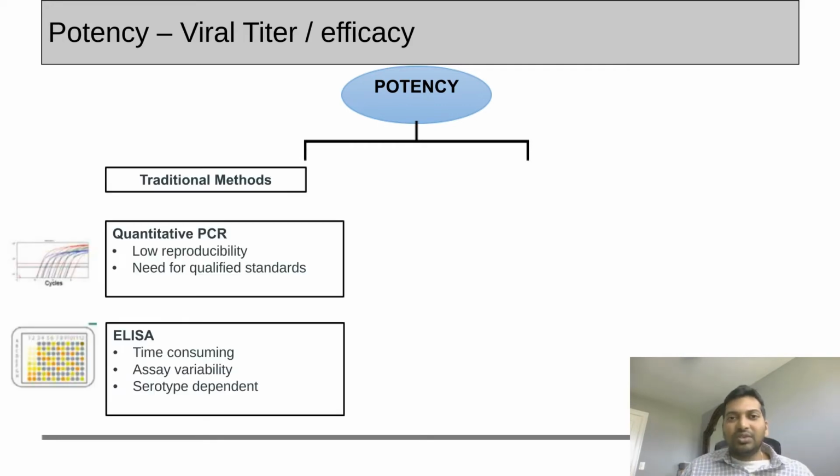The first attribute class we can look at is potency, which is a very important attribute class for viral vectors and cell therapy products.